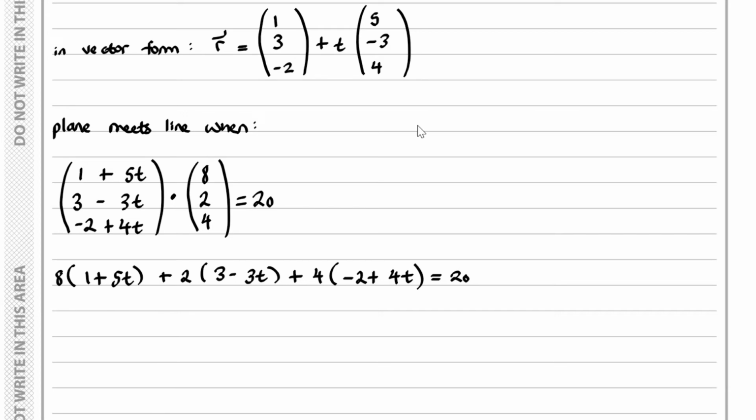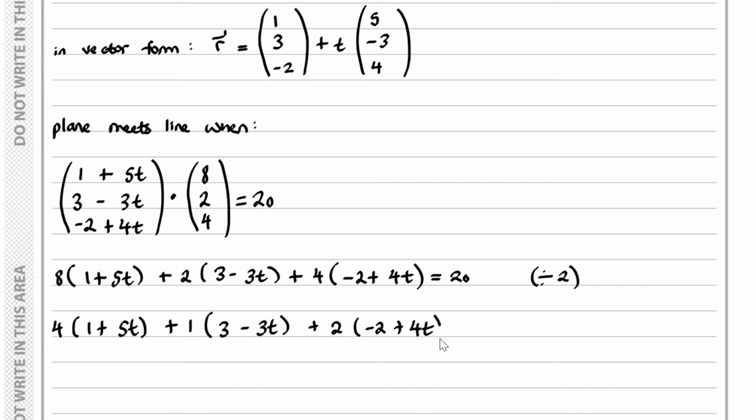And I can divide each term by 2, and if I do that, I get 4 lots of 1 plus 5t plus 1 lots of 3 minus 3t plus 2 lots of minus 2 plus 4t equals 10. And at this point we can expand and simplify, so we've got 4 plus 20t plus 3 minus 3t minus 4 plus 8t equals 10.